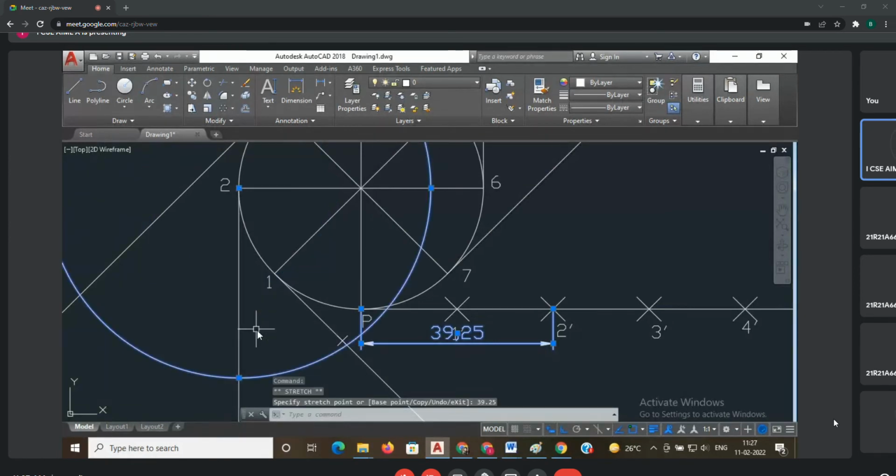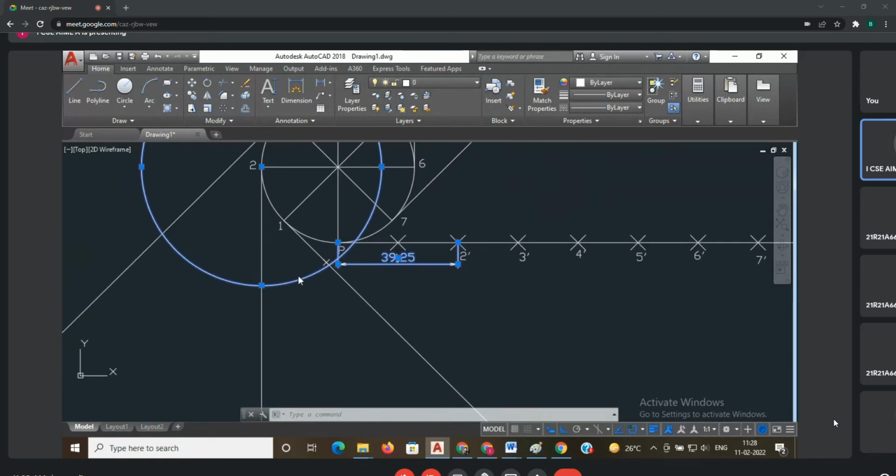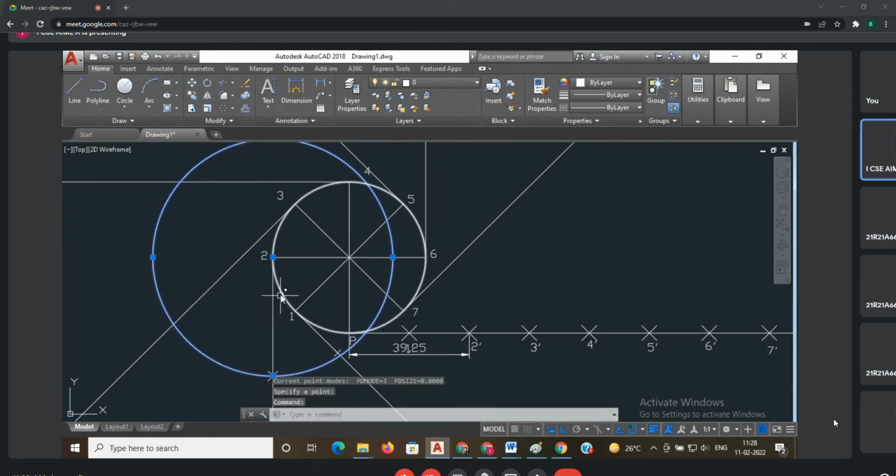Okay. Now from the second center you have drawn one circle. The circle intersects the second line at this point. You have to make one point over there. Take the point. This is your P2. Okay. Again, select the center and change the center from 2 to 3.